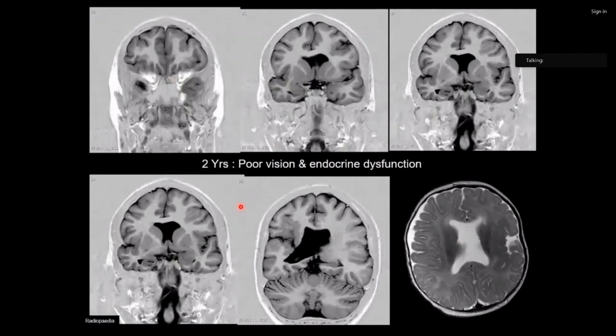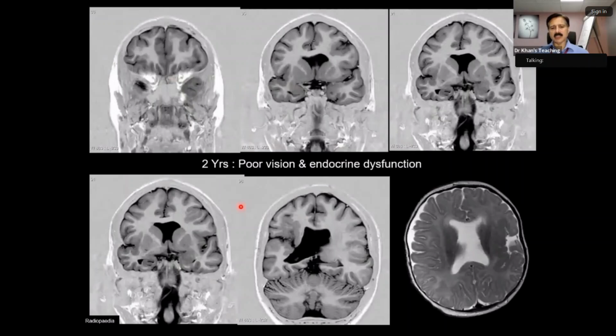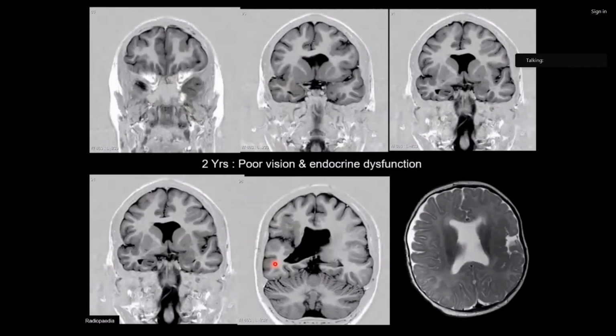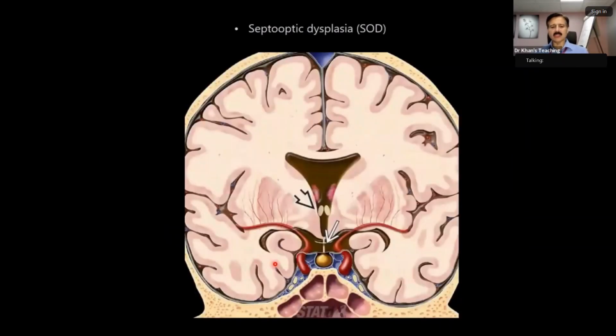Okay. So this is septo-optic dysplasia, but what is happening here? Could there be an element of schizencephaly there as well? Yes. So it can be associated. As I told you, septo-optic dysplasia has come in the exam. In this condition, the optic nerves are dysplastic. They are small, thin.